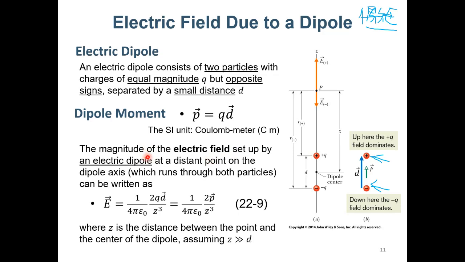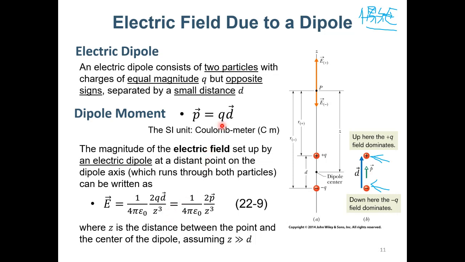In this case, it's mentioned that the magnitude of the E field generated by the electric dipole is like this: E equals 1 over 4 pi epsilon 0 times 2qd over z cubed.